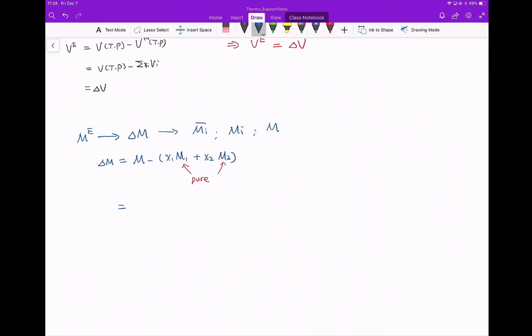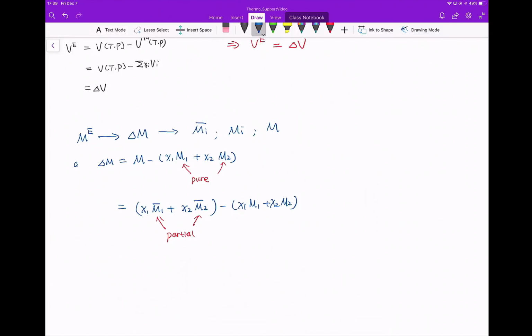Then M of the mixture would be x1 M1 partial plus x2 M2 partial, minus x1 M1 x2 M2. So they are partial.